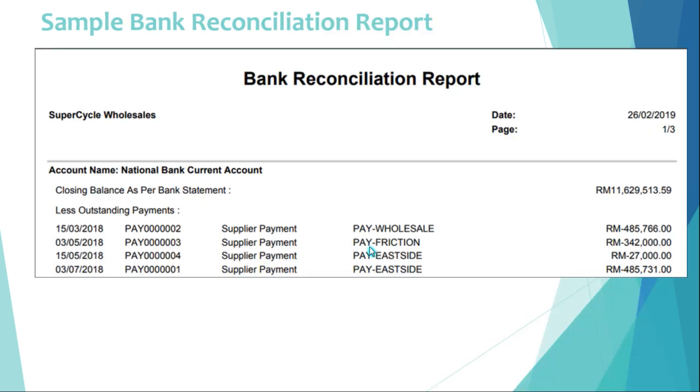Here is a sample of the bank reconciliation report. In this report, you can see that the closing balance as per bank statement here must match the closing balance that appears in your bank statement. It must exactly match, must be the same.